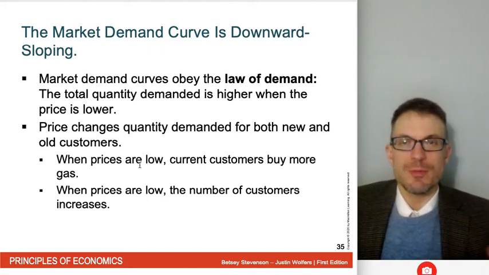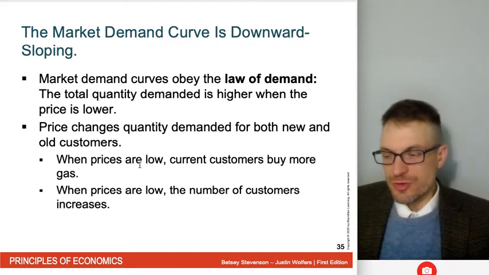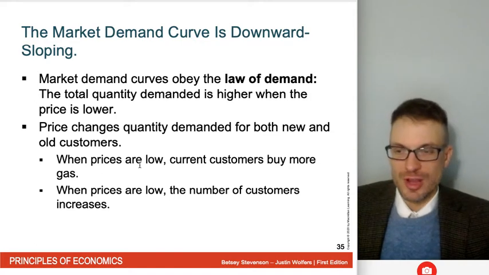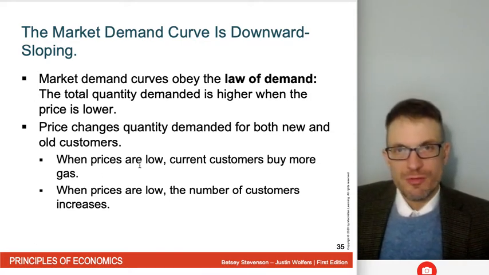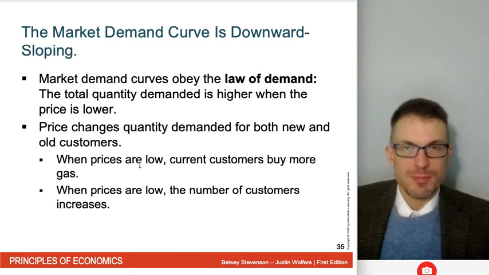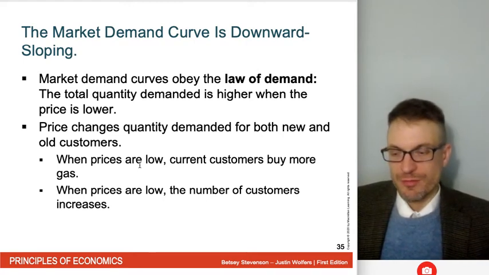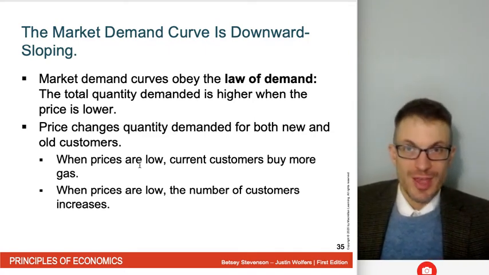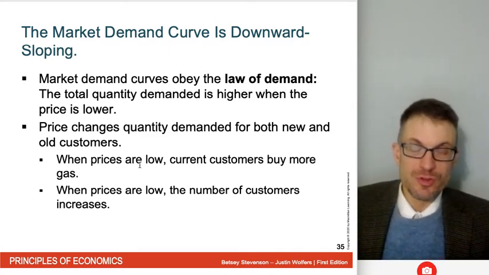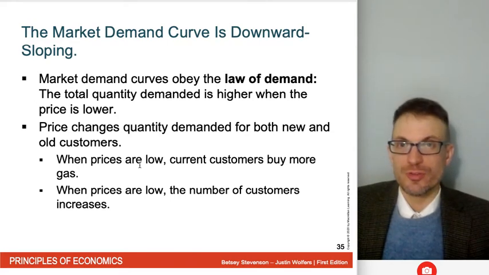Now that's going to be really important as we're thinking in the future, especially analyzing policy changes. Because when the price rises or falls, the effect on people isn't going to be the same. Different people are going to be affected differently. There's a very different story behind if the price falls and you're able to buy more, to the situation where if the price falls and now you're able to afford it in the first place, right? Those are two very different circumstances.